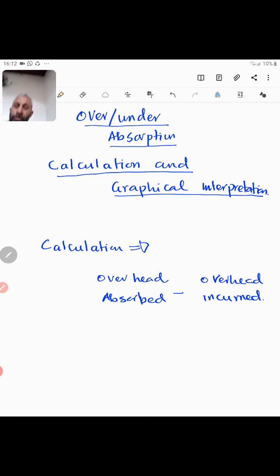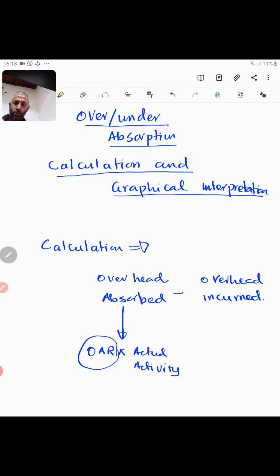Now, if you are wondering what the overhead absorbed really is and how we find that out, you have the overhead absorption rate into actual activity.